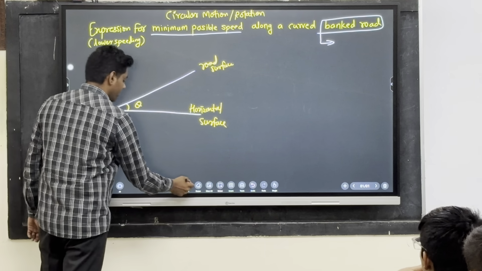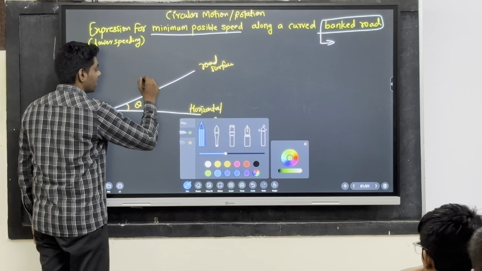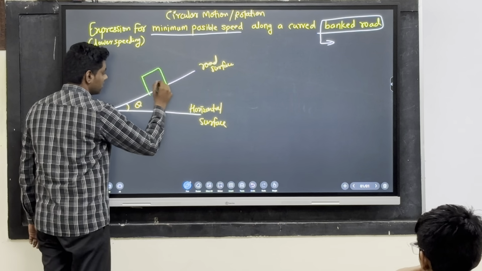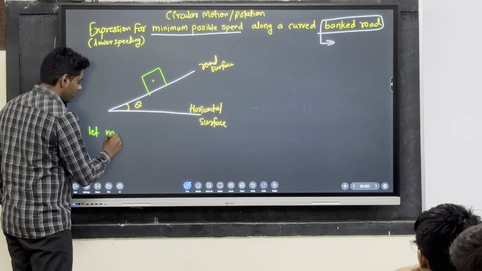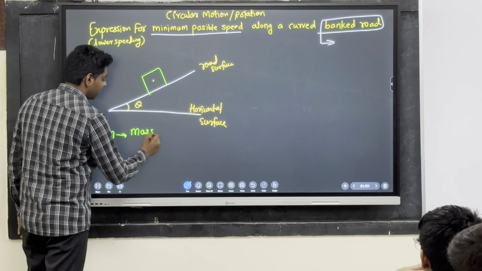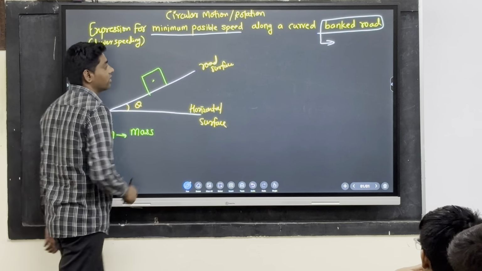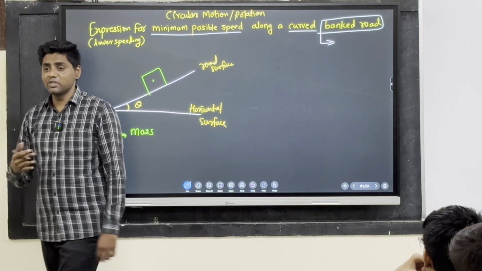Next we consider the vehicle having mass m. So let m equal to what? Mass of the vehicle. Very good. After that, whenever it is moving along the curve bank road, there is a radius. So what is meant by r?